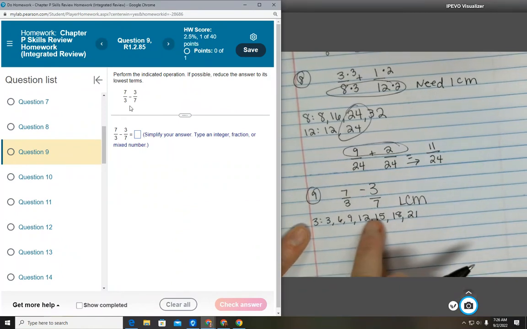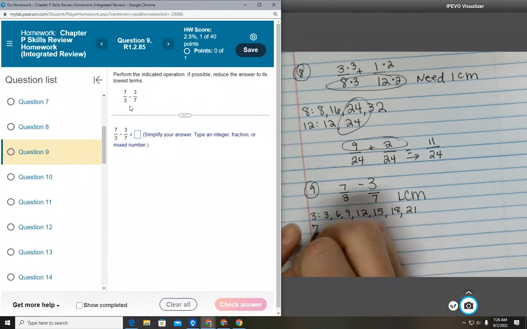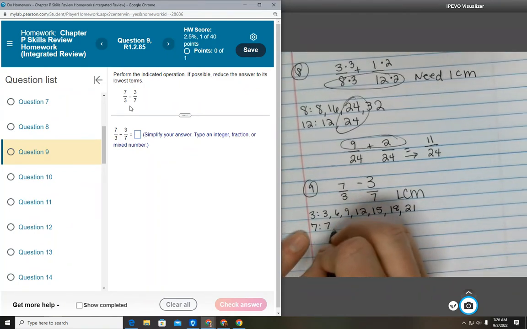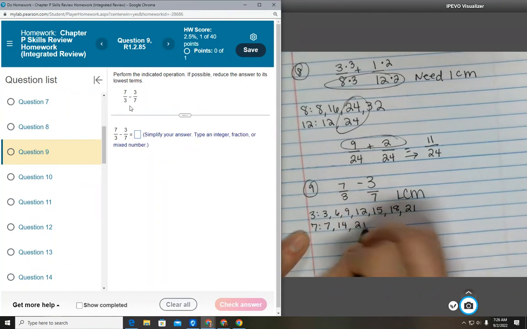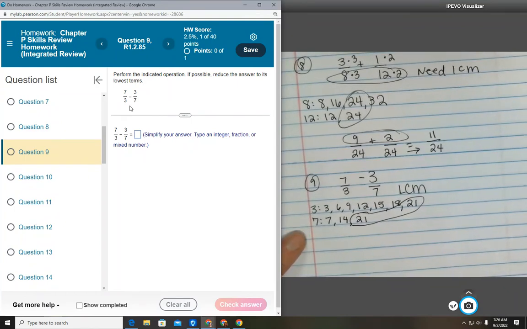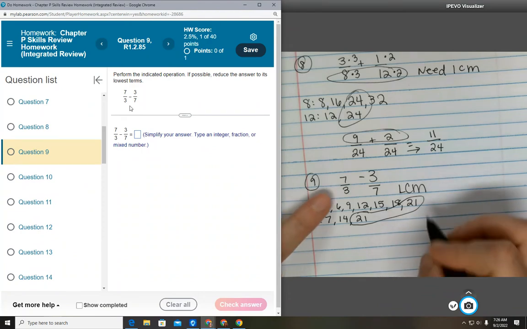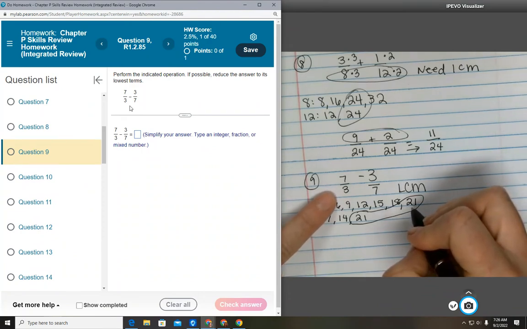So far, none of those are divisible by 7 except for 21. So 21 might be our LCM. So 7, 14, 21. So that is my least common multiple. Least common denominator.